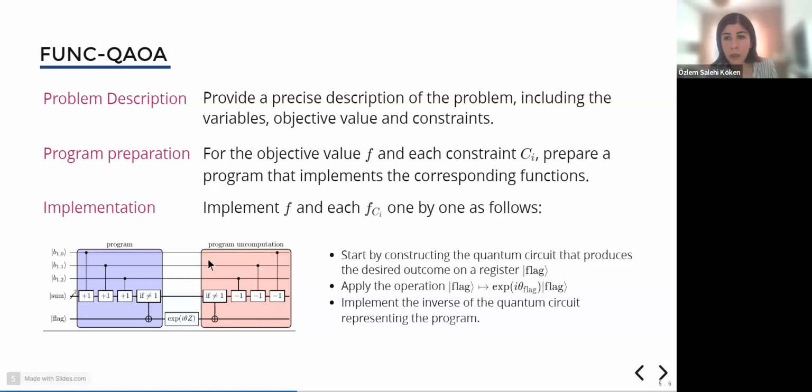And then we need uncomputation to revert back what we have computed. This is really similar to Grover search, a Grover oracle, because also in a Grover oracle, you set some output bit to 1 to check if some solution is feasible or not. And then you implement some Z gates to mark the state. Here, it's really a similar idea, but we have rotation Z.